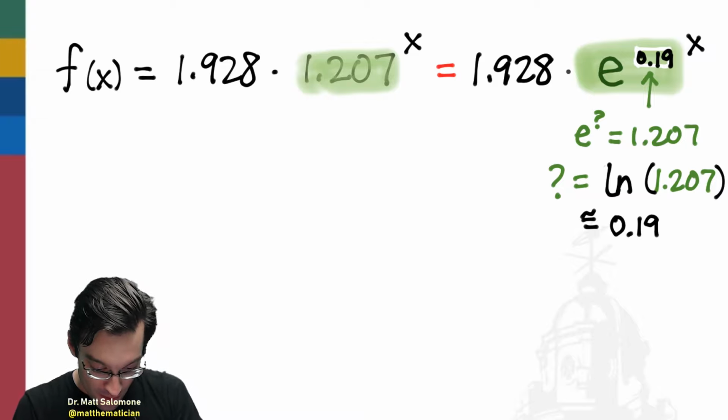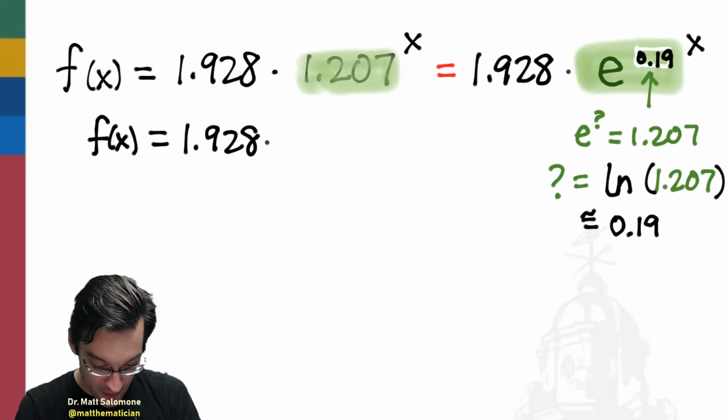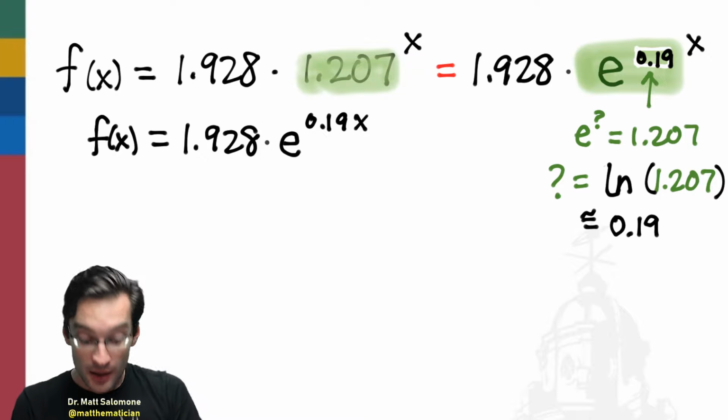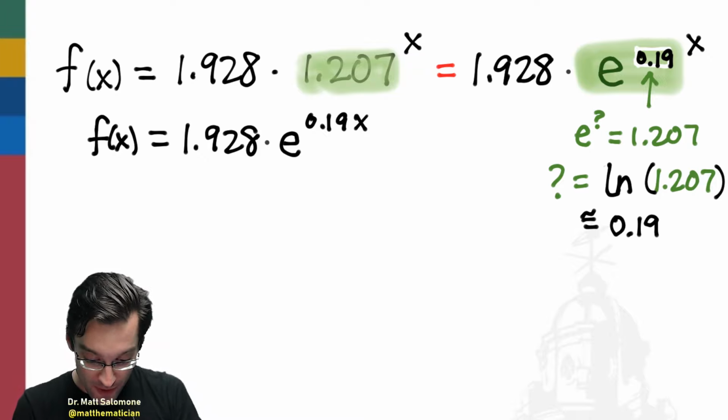Okay, so this gives me now a new formula for my exponential function. 1.928 times e to the power 0.19 times x.